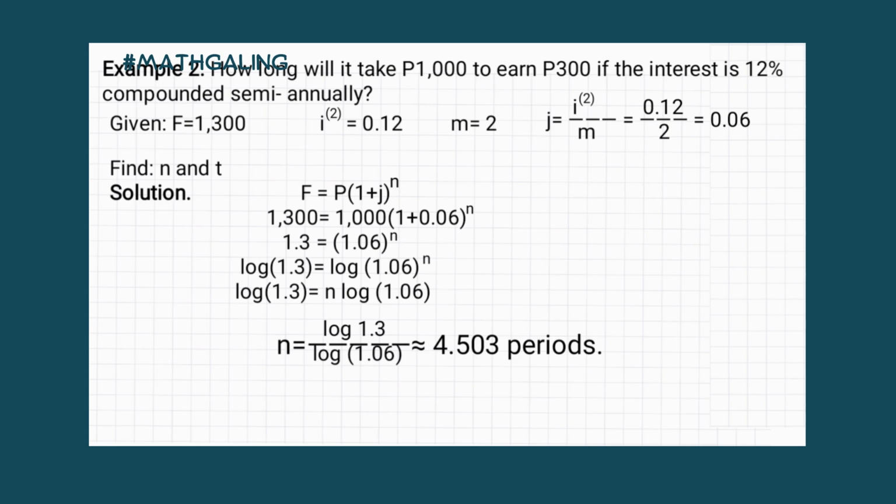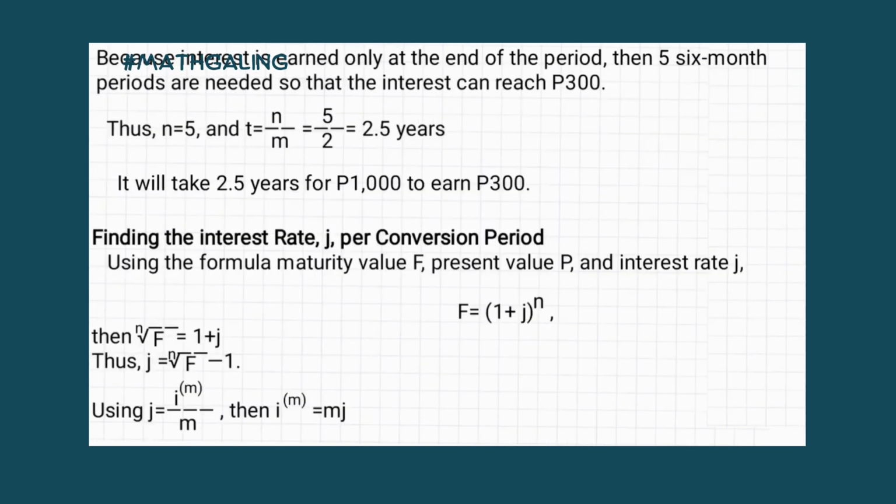equal to 4.503 periods, because interest is earned only at the end of the period. Then 5 six-month periods are needed so that the interest can reach 300 pesos.